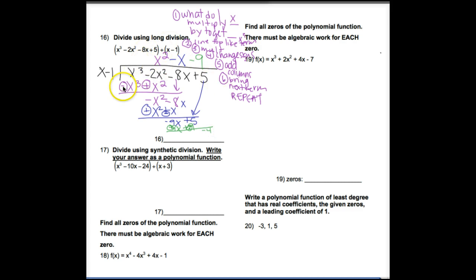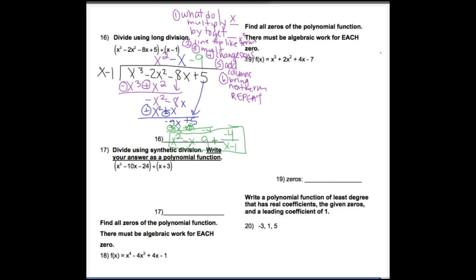If you go to repeat, you're out of room, which indicates this is your remainder. When you write your answer, you've got your x squared minus x minus 9. Your remainder, remember, you write plus a fraction. This goes on top, and the bottom is whatever you were dividing by. So in this case, x minus 1. And so that is your final answer.